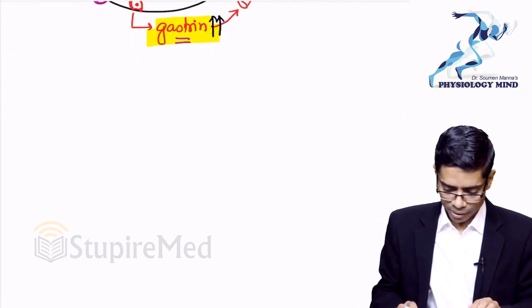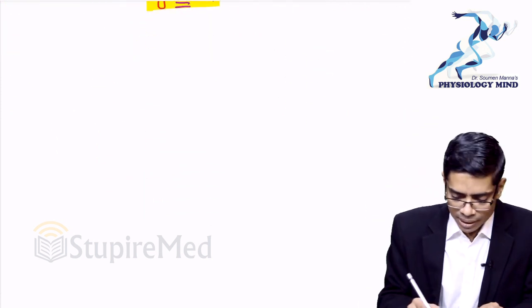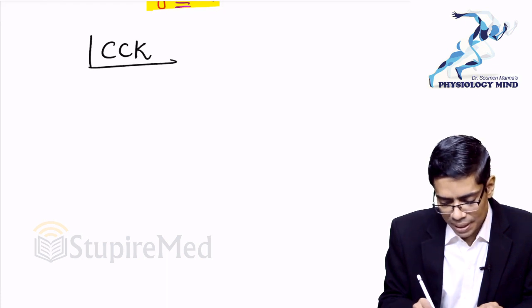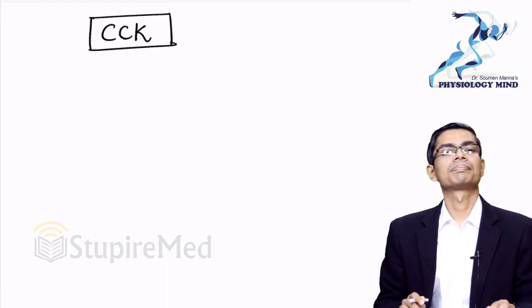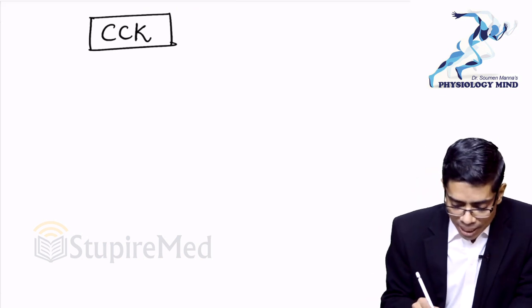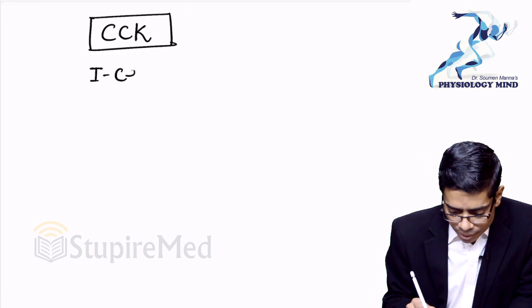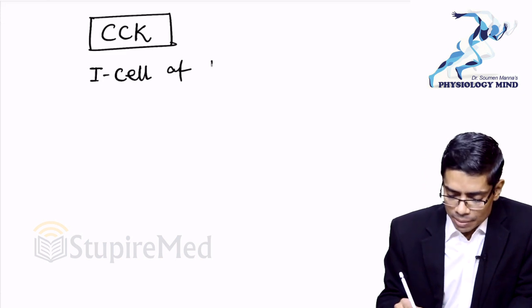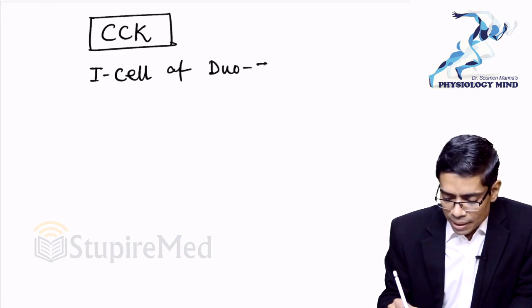Now coming to the second hormone, that is cholecystokinin or CCK. It is produced by the I cells of the upper small intestine, that is mainly the duodenum and jejunum.